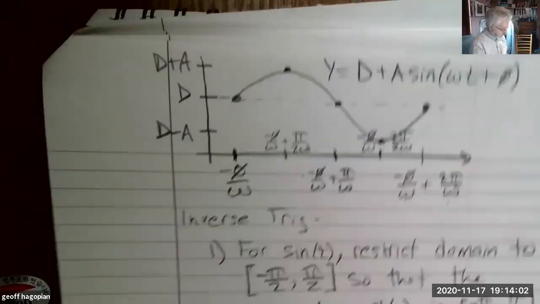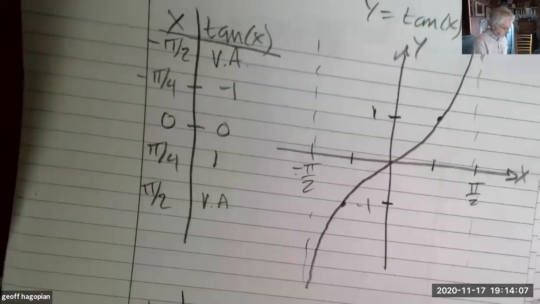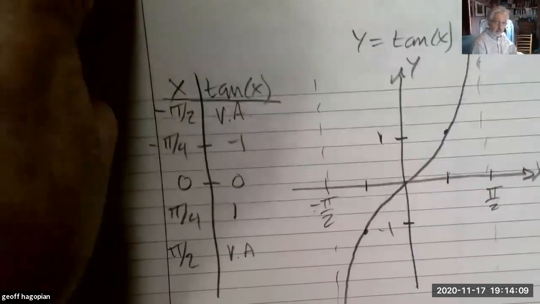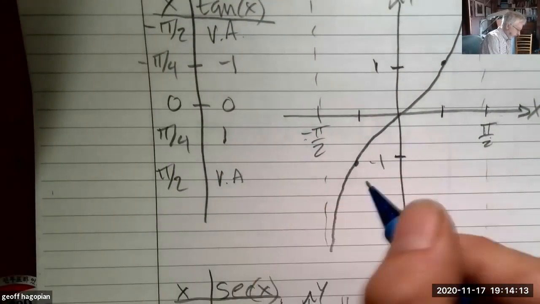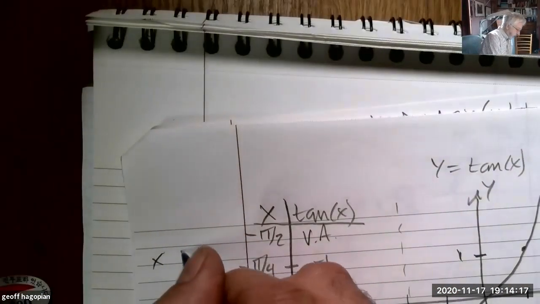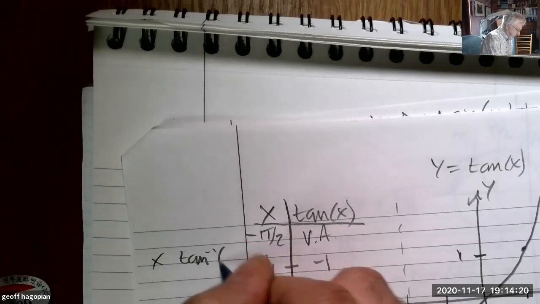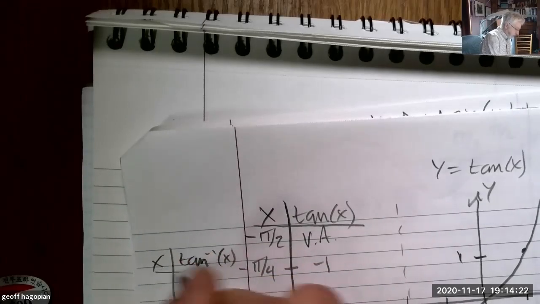And should we take a look at, so here's the tangent function, right? What does the inverse tangent look like? We could do a quick rendition of that, right? So let's put over here x and inverse tan of x, and you just reverse input and output, right?